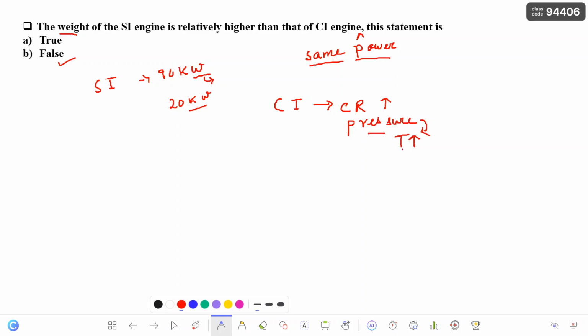As the pressure and temperature will be higher, the cylinder wall thickness will be higher. So that is why the weight will be higher in case of a CI engine of the same power.